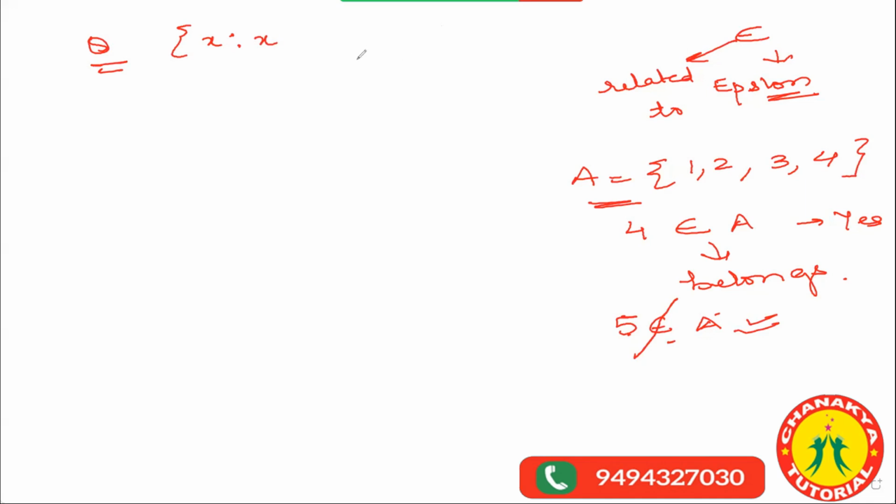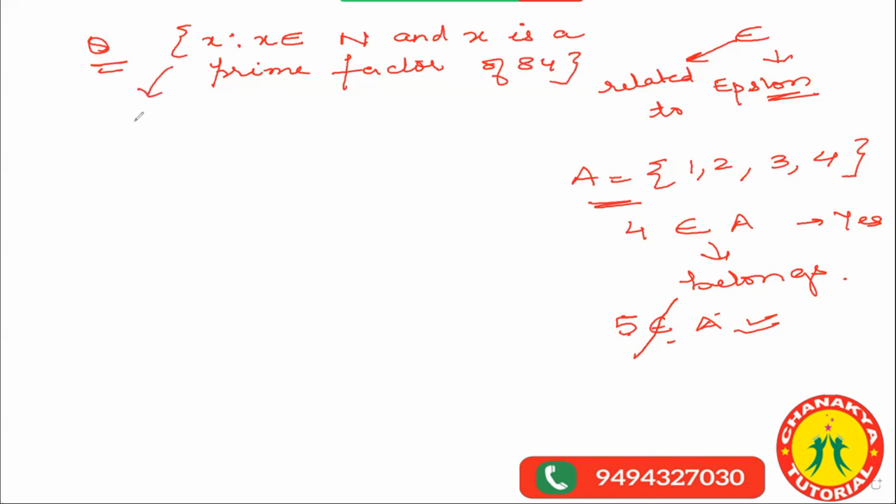Sometimes you will see the symbol X such that X belongs to natural numbers and X is a prime factor of 84. So children, how will you write this set in roster form?